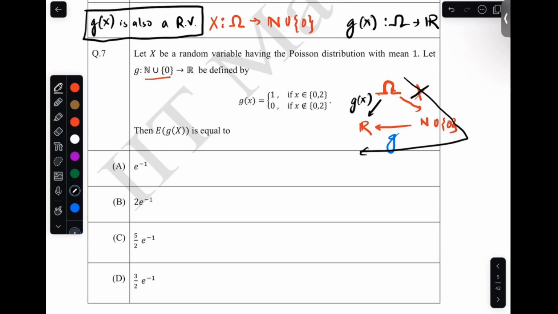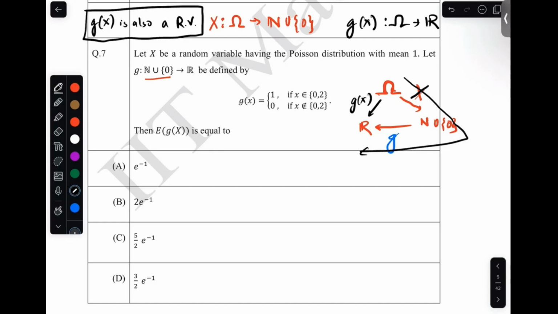So now let's see what g of x demands from you. It demands that if x, that means if the Poisson random variable, takes the value 0 or 2, g of x is defined as 1, and if x is otherwise, it's defined as 0.